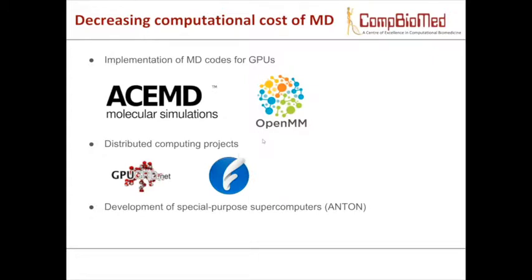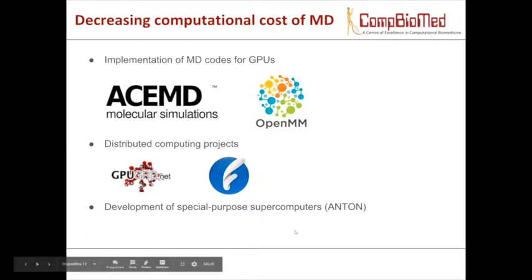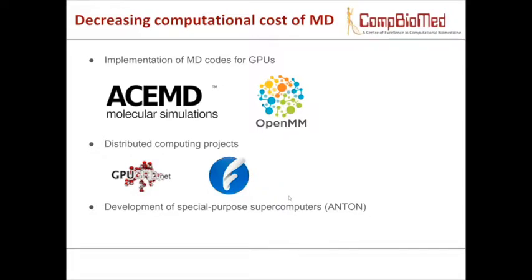Then there's also the appearance, thanks to this implementation in GPUs, of distributed computing projects like GPU Grid or Folding@home that increase a lot the throughput of simulations. And there's also the development of special purpose supercomputers like Anton, which have pushed the threshold of the timescale barrier in MD.